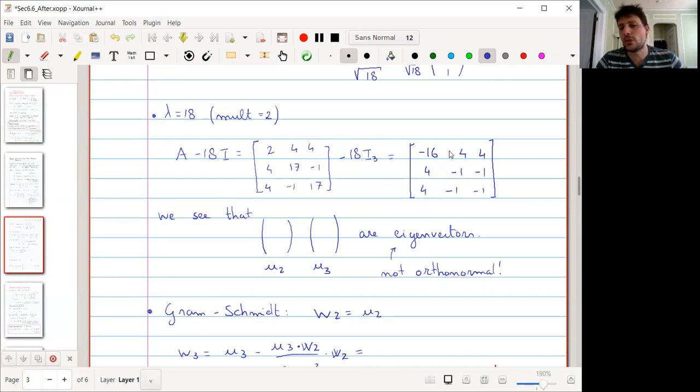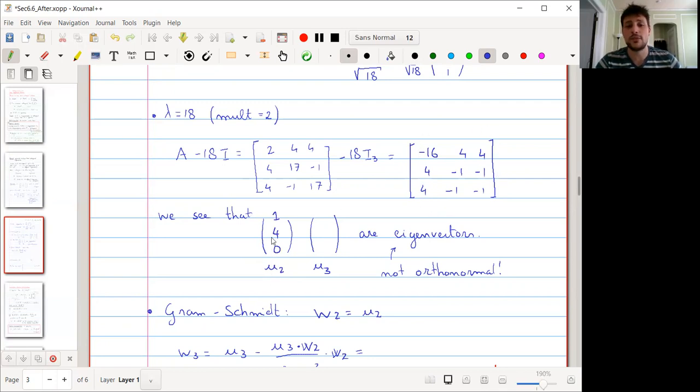And you can solve the linear system and reduce it to row echelon form, but you can also stare at it and notice that the first column is equal to minus 4 times the second column. In other words, if I add the first column and 4 times the second, I get 0. So this vector u2 that I wrote here, 1, 4, 0, is in the null space here.